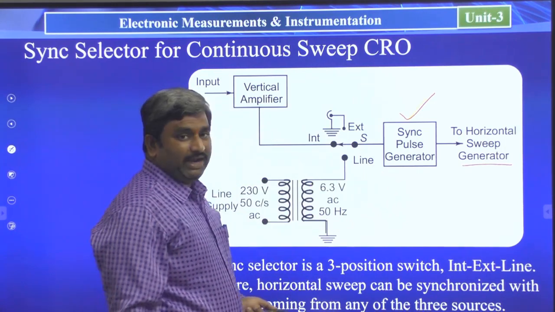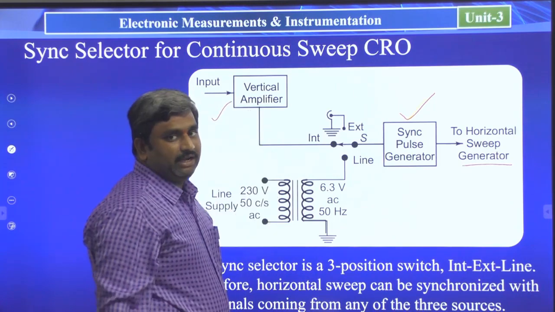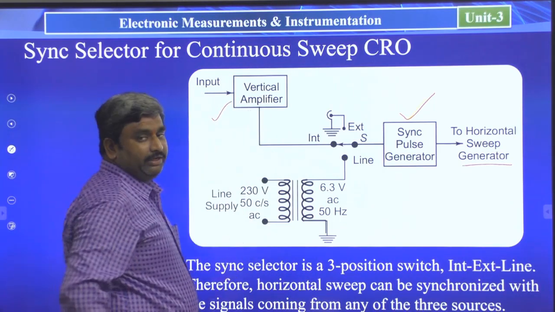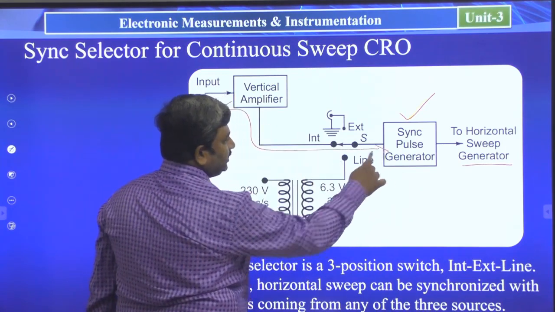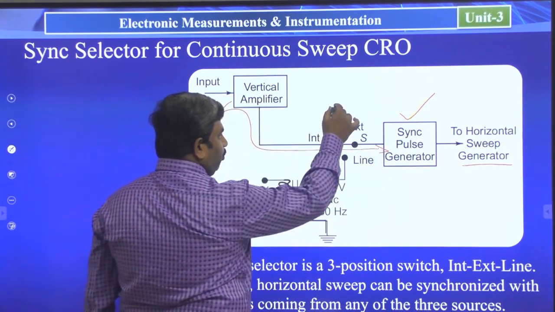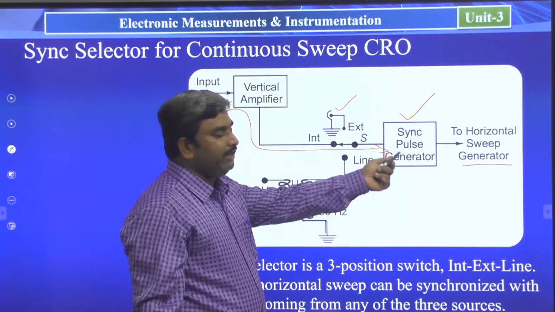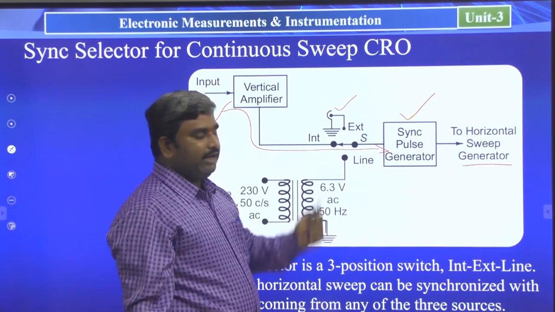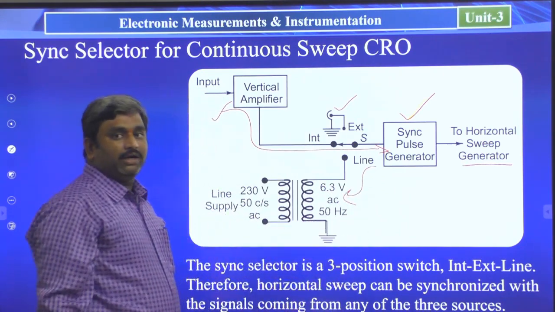If you want the internal signal, that may be the channel information, the internal vertical amplifier is connected in this direction to the sync pulse generator. Otherwise, if you want an externally connected signal, the sync pulse generator synchronizes with the externally connected signal, or otherwise it is connected to the line signal.